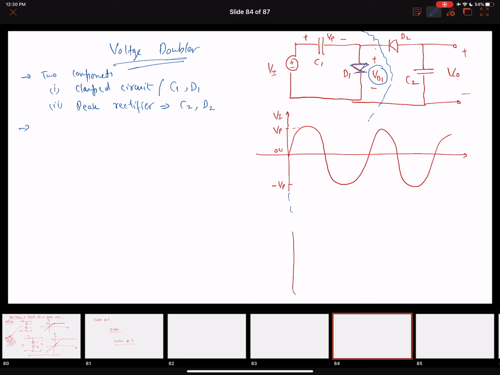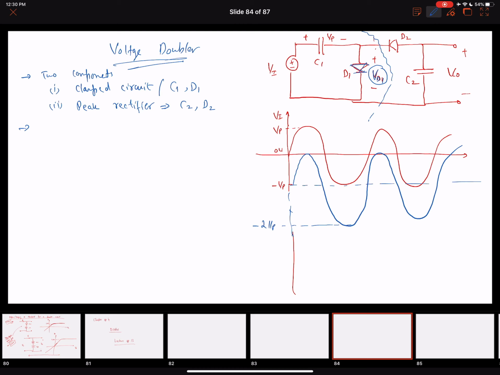So what our next 0 is going to be is at minus Vp. Okay, so our VD1 waveform is going to look something like this, where this thing is minus 2 Vp.